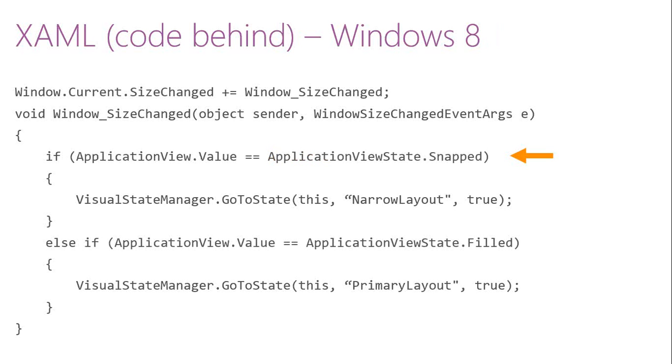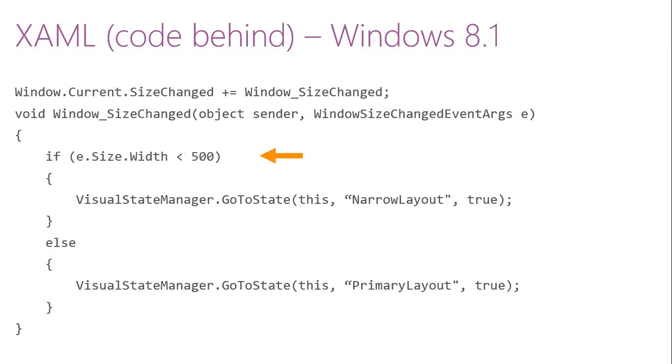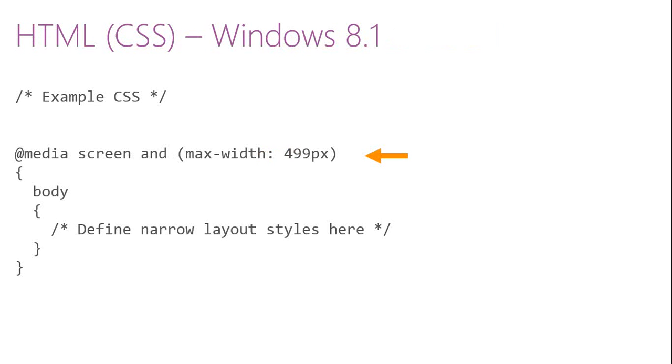So the thing remains the same, but in Windows 8, like on the screen right now, you use ApplicationViewState, and in Windows 8.1, you use e.size.width, and anything less than 500 uses the narrow layout, or if not, then use the primary layout. Same thing if it is CSS code.